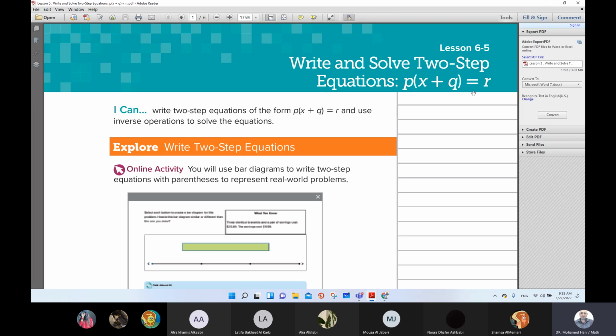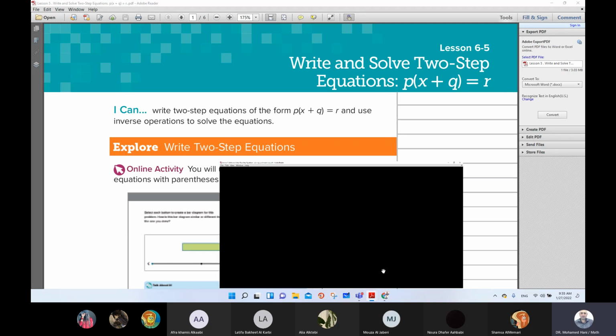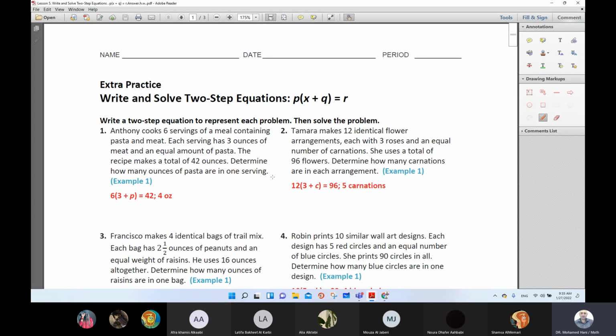So in this lesson we want to write two-step equations of the form p multiplied by parentheses x plus q equals r, and use the inverse operations to solve the equations. We have here some practice about this lesson.